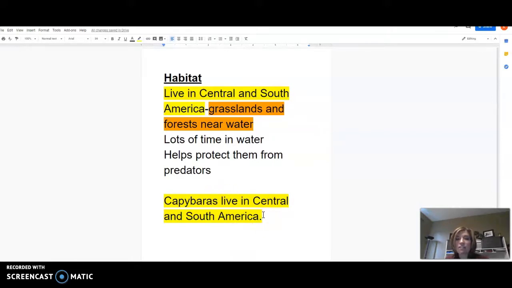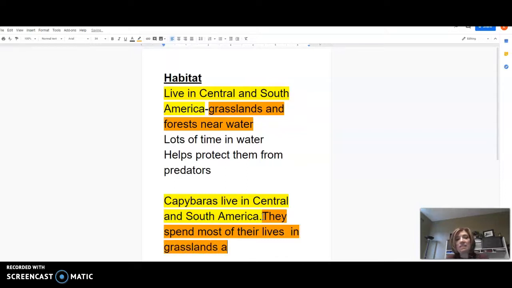So I'm going to write they. Let me get my correct highlighting going here. They spend most of their lives in grasslands and forests near water.